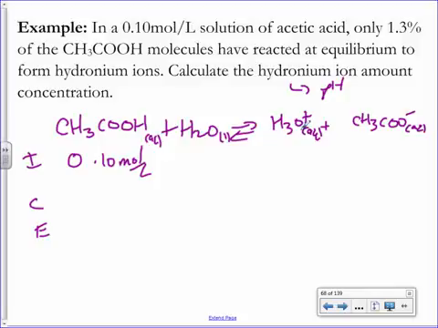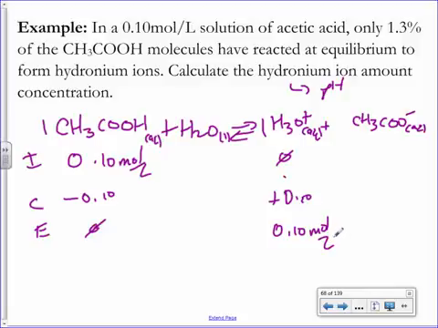The exact same number, right? Because isn't the ratio going to be 1 to 1? So if everything reacted, this would go down by 0.1 to give this guy a 0. This guy would start at 0 and go up by 0.1 to end up at 0.1. And that is if all of it reacts.